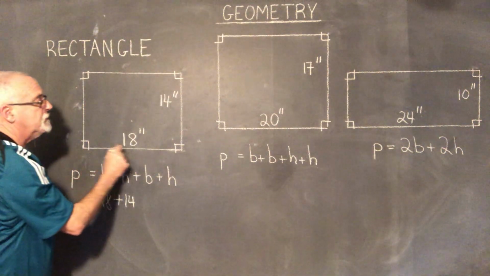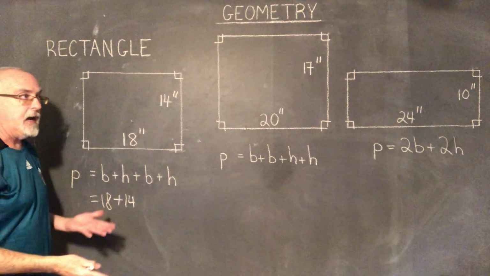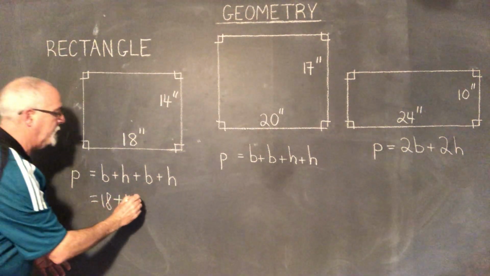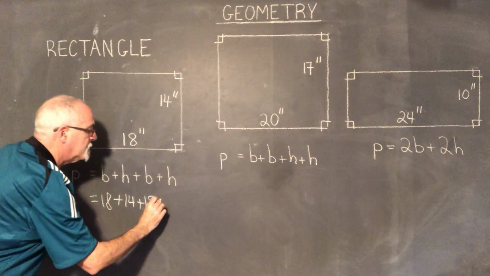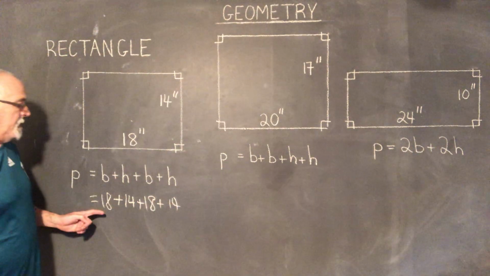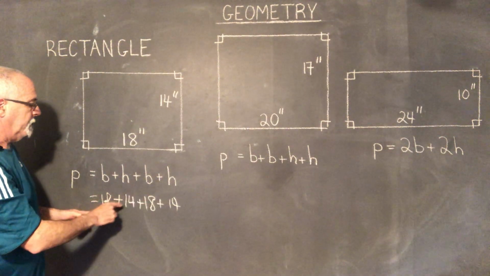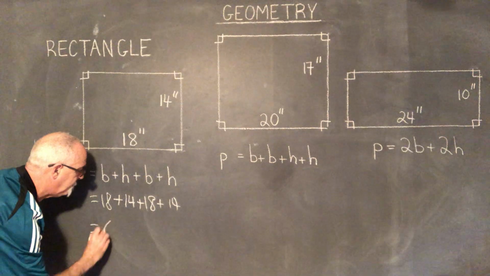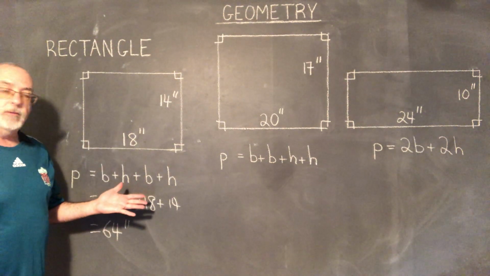So what I'm doing here is going around the outside edge of the rectangle, and I'm just adding together all four of the lengths that I have. So I have plus 18, and then finally this height over here is another plus 14. 18 plus 14 plus 18 plus 14: 10, 20, 30, 40, 48, 56, 64. So the perimeter of this rectangle is 64 inches.